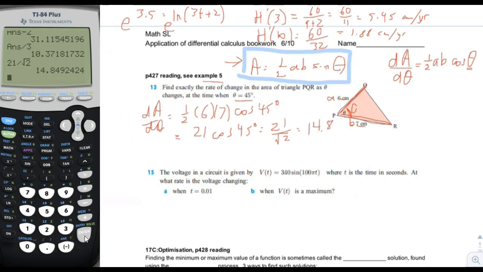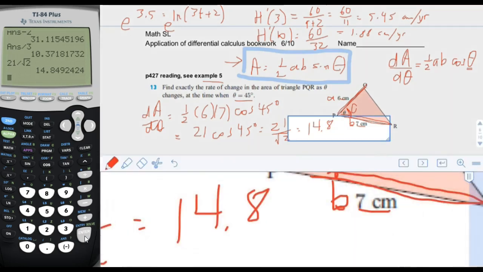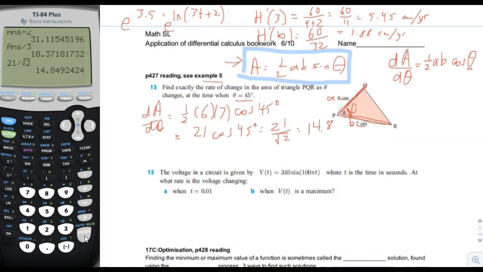Is 14.8 like what is it? It says the rate of change in the area of the triangle. It doesn't say what the units are. Oh, there it is, centimeters. So it's going to be centimeters squared per degree, because that's the unit of the angle.